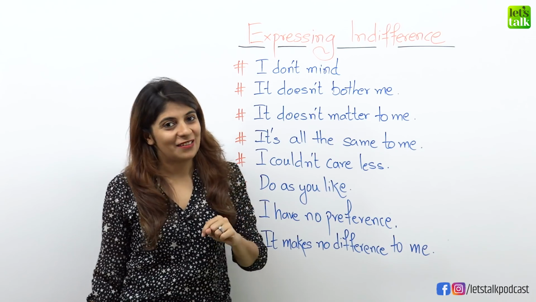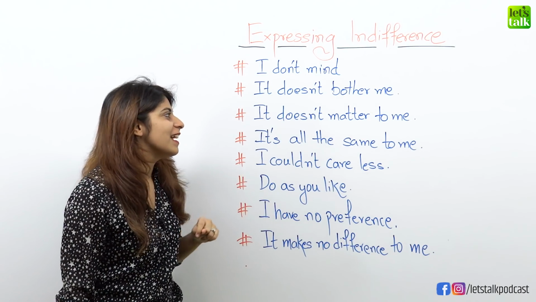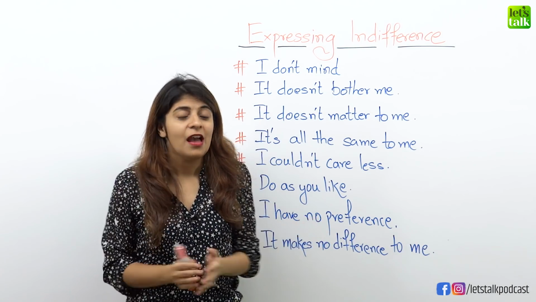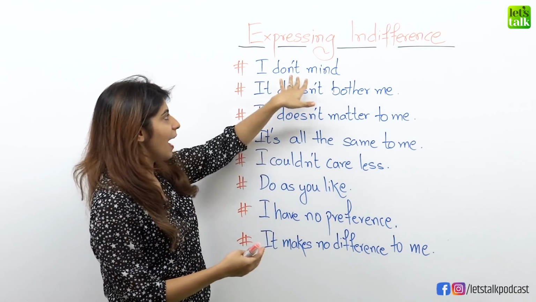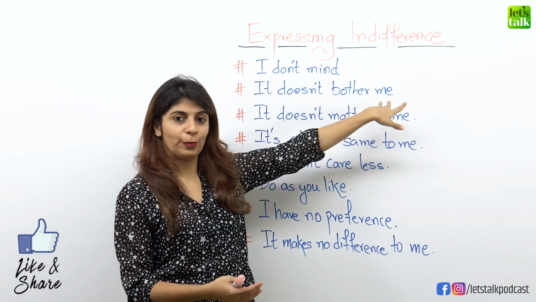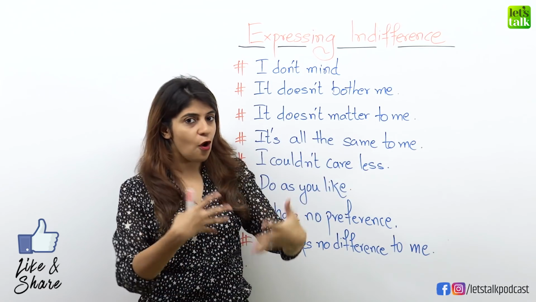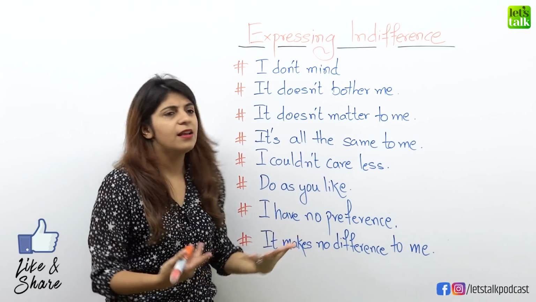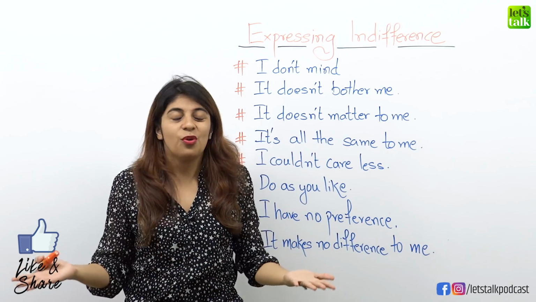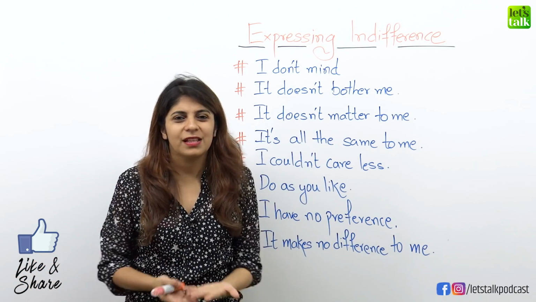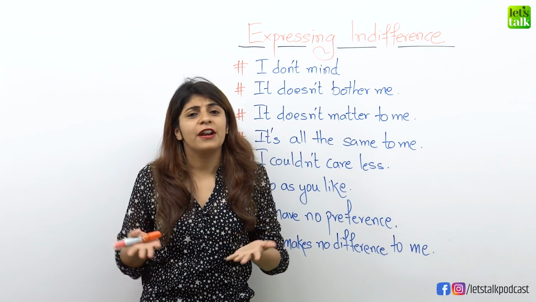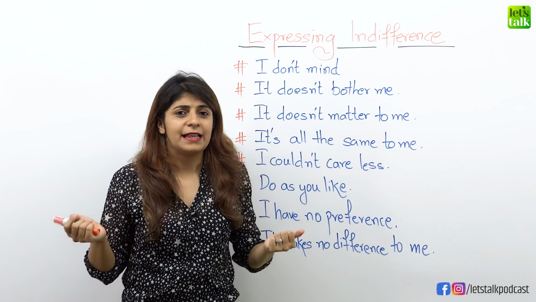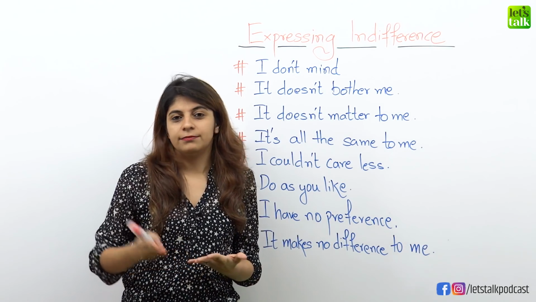Moving on to another one, which is, it doesn't matter to me. Now, it doesn't matter to me can be used just like I don't mind or it doesn't bother me. So this is one of the options that you can use when something really doesn't matter to you. For example, your friend comes and tells you, hey, you know what?